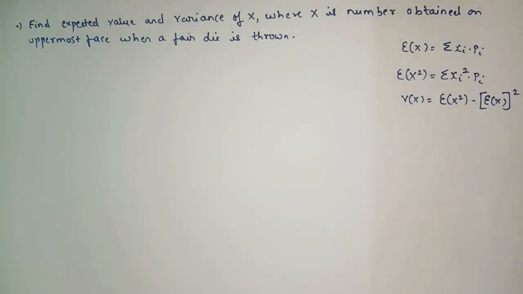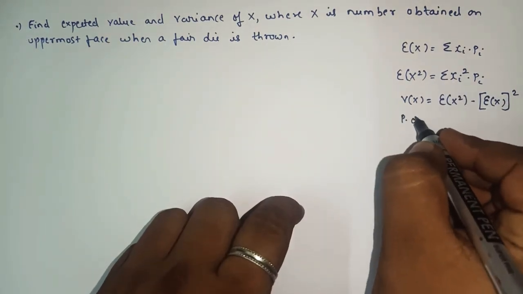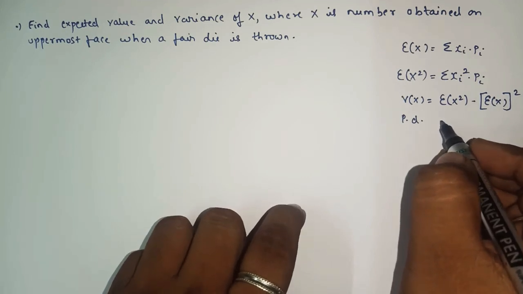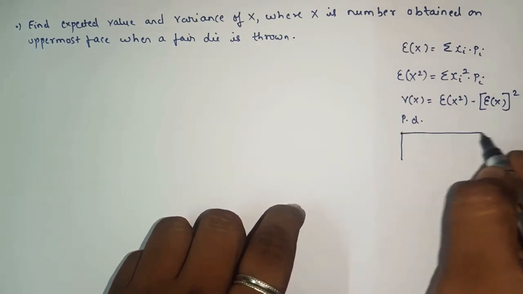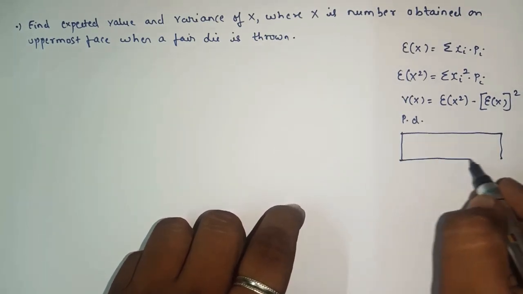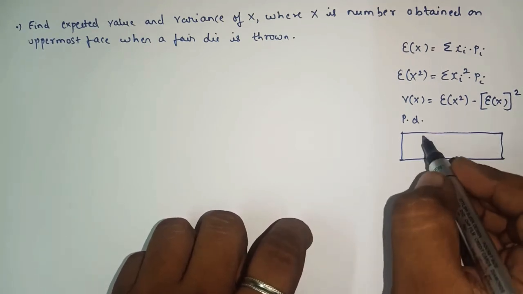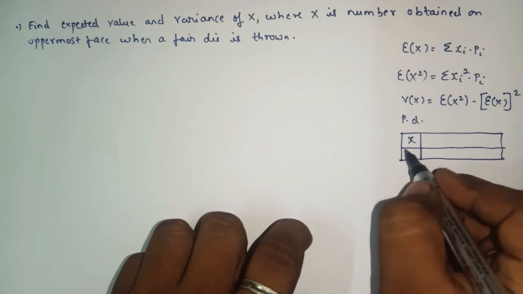And in the last lecture I had explained one more thing, that without the probability distribution table, yes or no, the probability distribution function, we cannot find the answer for expected value and the variance, as we require the value of x as well as p of x.